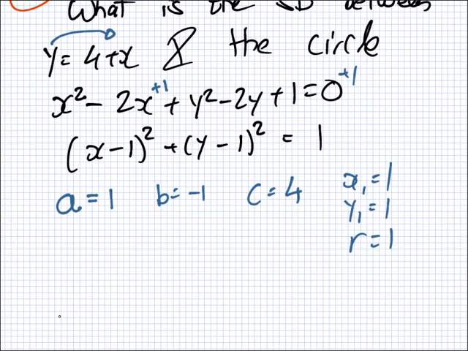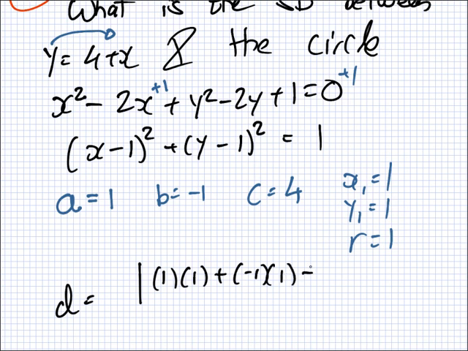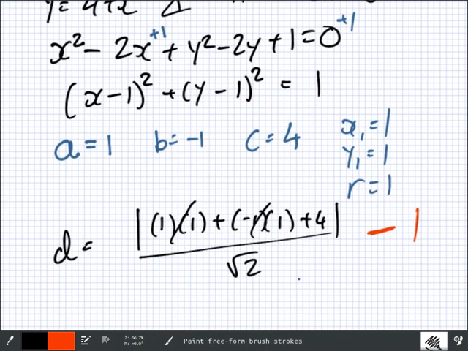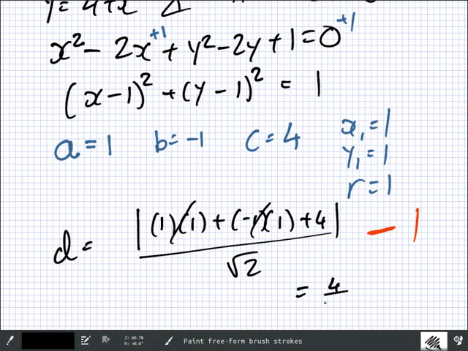So the distance we want would be 1 times 1 plus minus 1 times 1 plus 4 over square root 2, minus 1. The radius, yeah? So that's equal to 4 over root 2 minus 1.